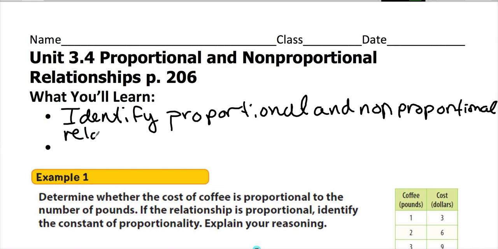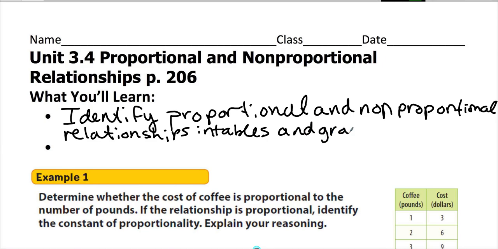All right, that sounds complicated. It's not. This is actually one of the really easy ones. Not too much math involved. So identify proportional and non-proportional relationships in tables and graphs.